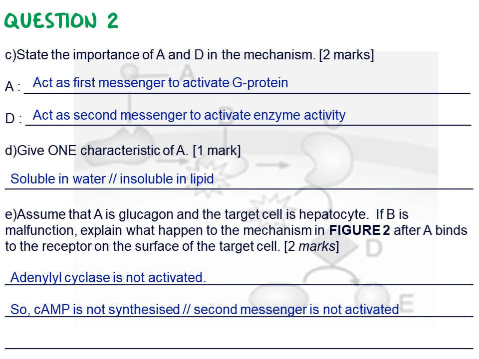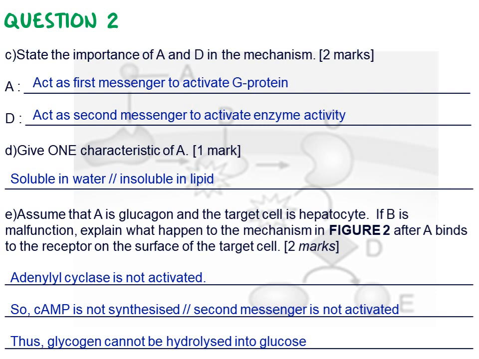cAMP is not synthesized. cAMP is known as a second messenger. The second messenger is not activated, so you can choose either one. Next, what is the effect? Thus, they cannot activate the series of enzymes in the cytoplasm, in which this enzyme functions to activate the cellular process to convert glycogen into glucose.